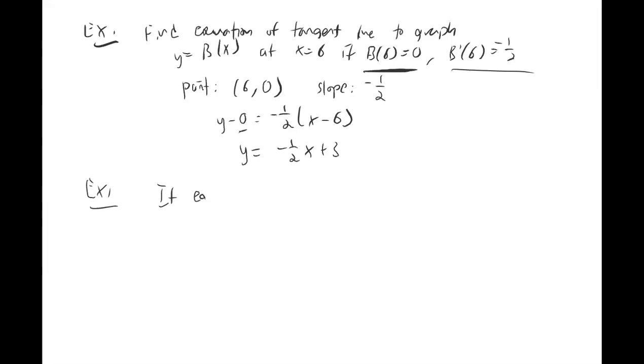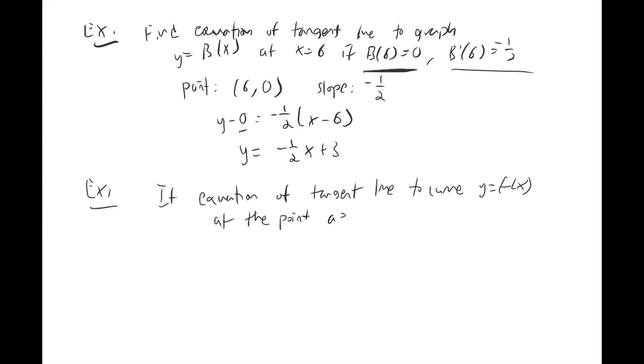If the equation of the tangent line to the curve y equals f of x at the point a equals 2 is given, so we have the equation of the tangent line in this case, find f of 2 and f prime at 2.